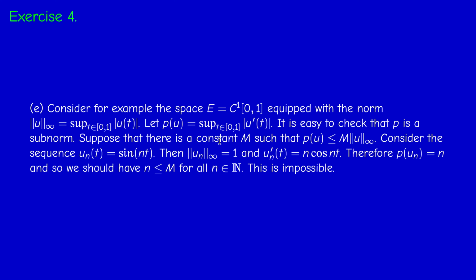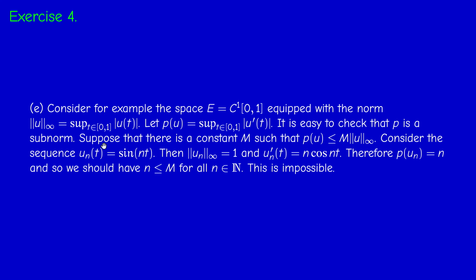Suppose that P is continuous. Then we should have, by the previous question, P of U less than a constant times the infinity norm of U. However, this is not true, because if you take in particular the sequence u_n(t) equals sine of nt, then the norm of this sequence is 1, because sine has the maximum 1.